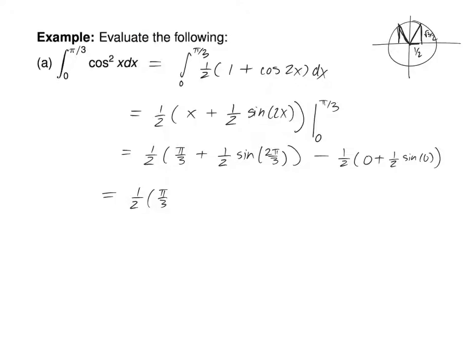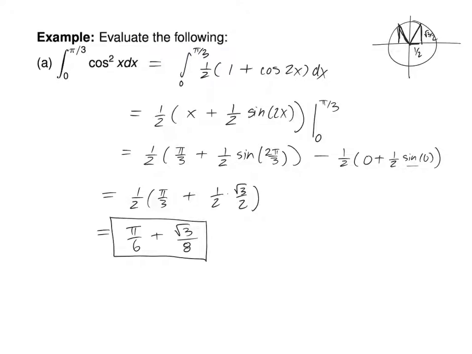So the sine of 2 pi thirds is also root 3 over 2. So 1/2 times root 3 over 2, and then also sine of 0 is 0. So you get pi over 6 plus root 3 over how much? Almost 8, because of the 1/2 out in front. WebAssign wants exact answers, which means it wants that.